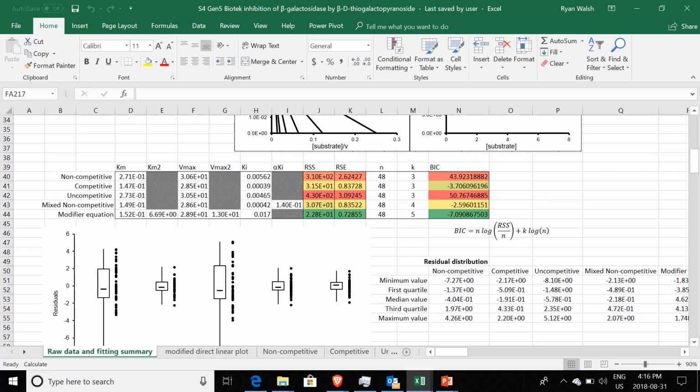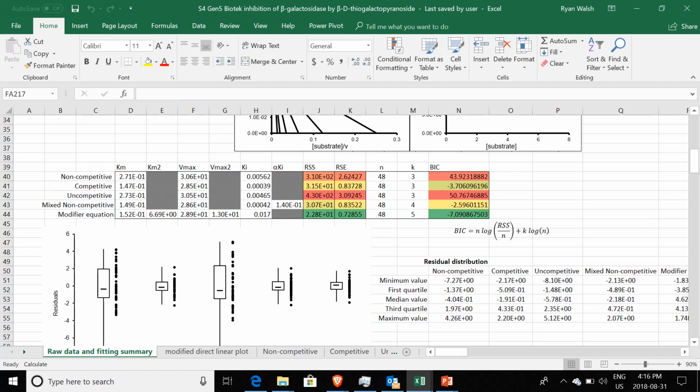And well, the modifier equation that I described here was not just developed for single substrate interactions. It was developed to model more complex systems, and this is for understanding systems that are a little bit more complex.